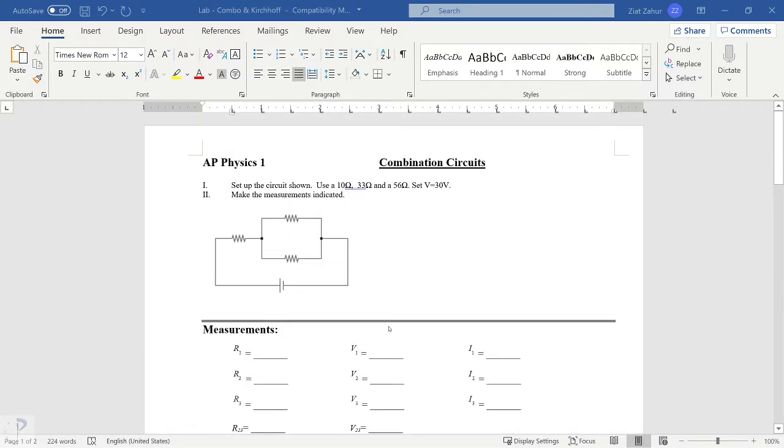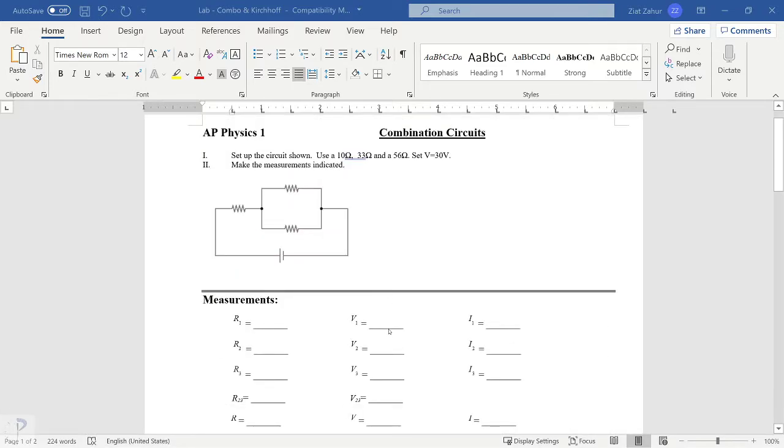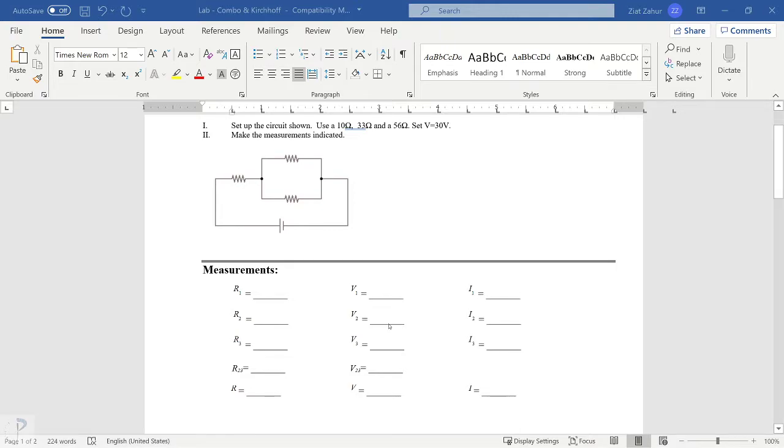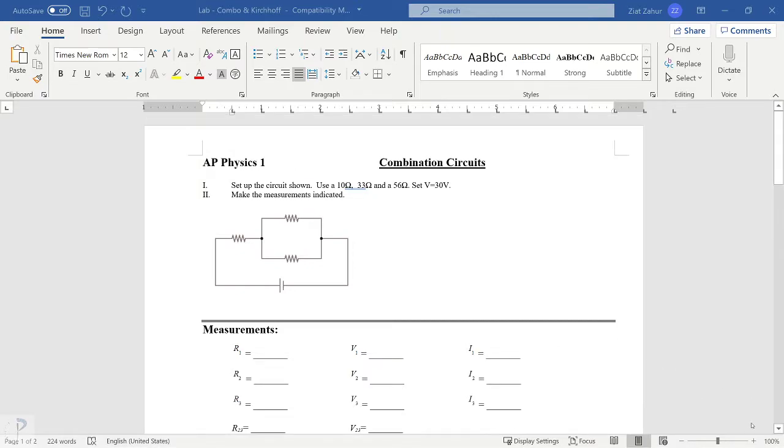I say simple, but it's actually called a complex circuit in that it's something that has both series and parallel elements. Of course, you can set up the resistors how you want. We're going to use the same DC Circuit Kit from Phet, and I changed the values a bit to 10, 33, and 56, and then we'll use a 30-volt battery instead.